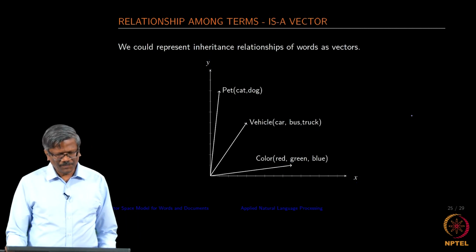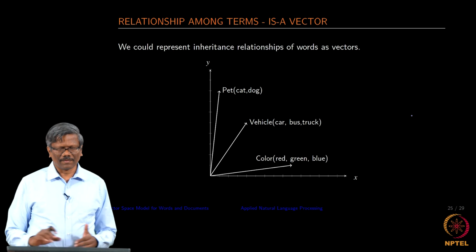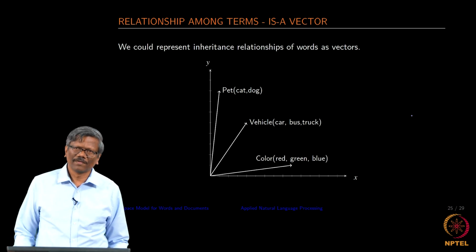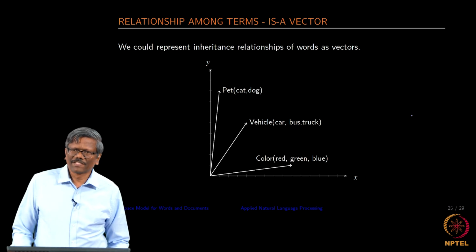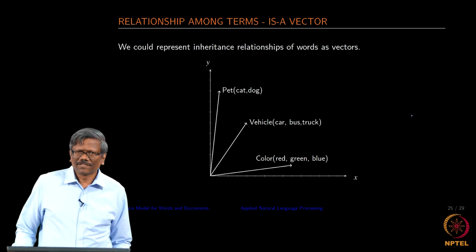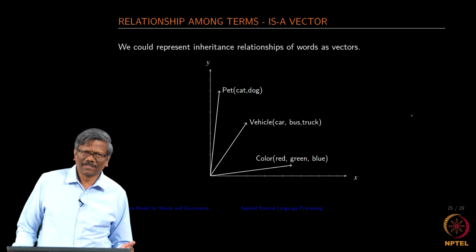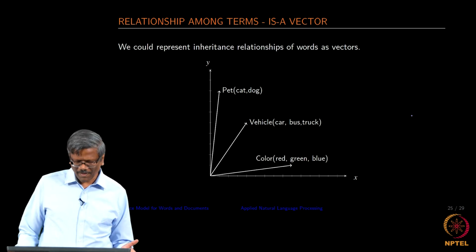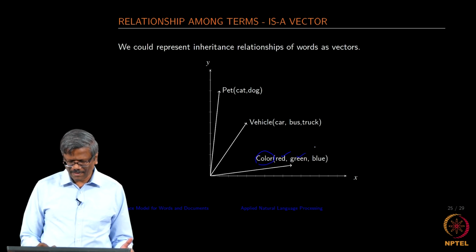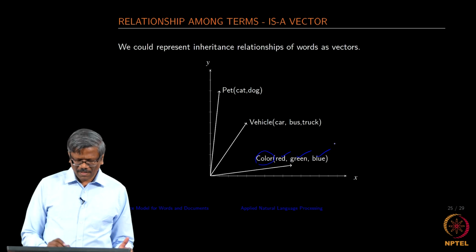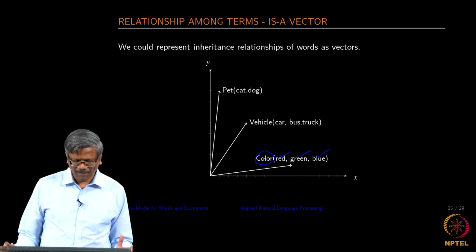Okay. And then we can also use another relationship called the is a vector. Okay, the is a vector is something which tries to find out terms which can be represented by is a. For example, if you look at color, red is a color, green is a color, blue is a color. So, I can just use one axis to represent the color. Okay.